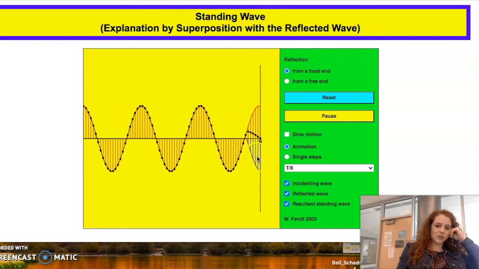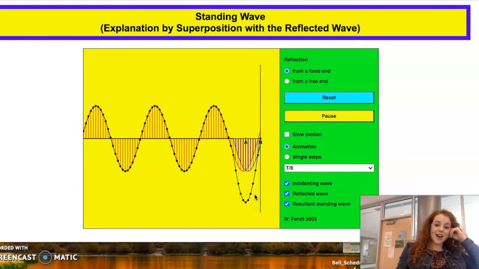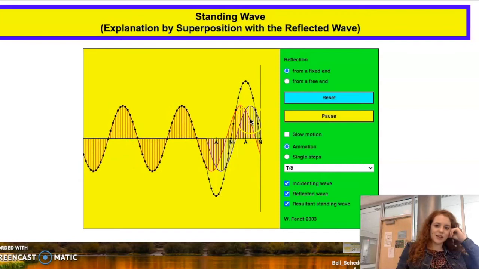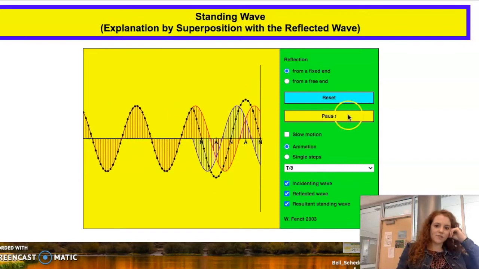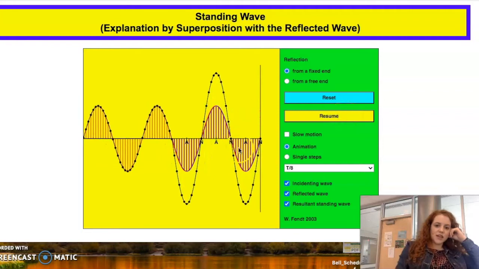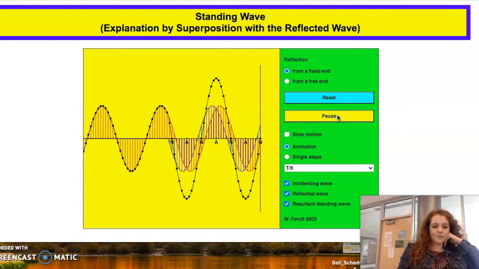So this blue wave is the reflected wave. And now look at the black dots. Do you see how it's constructively interfering and destructively interfering? So the places where the black wave is the biggest is when the red and the blue, so remember the red is the incident wave, it's like the first wave, and blue is the reflected wave, are right on top of each other so they can sum together to give that giant amplitude.